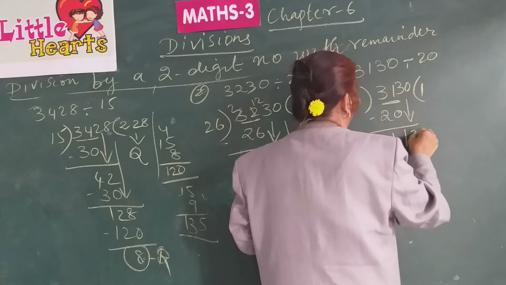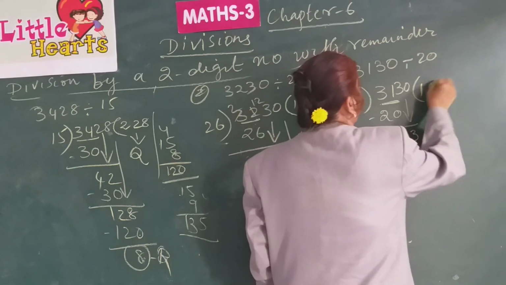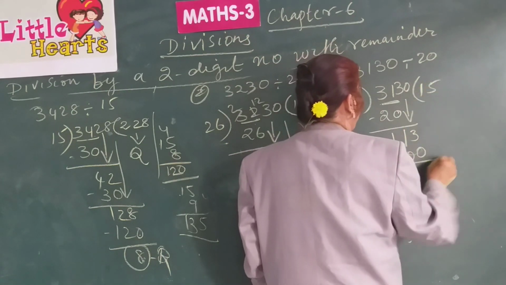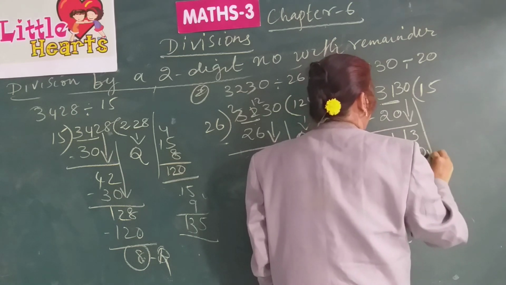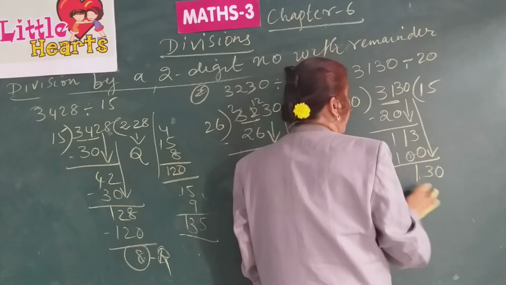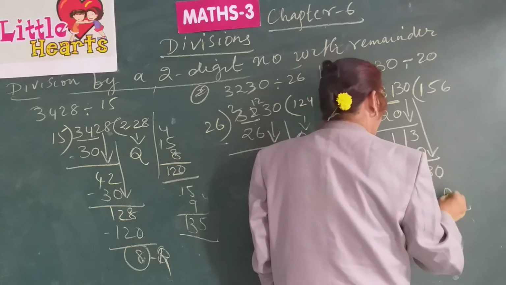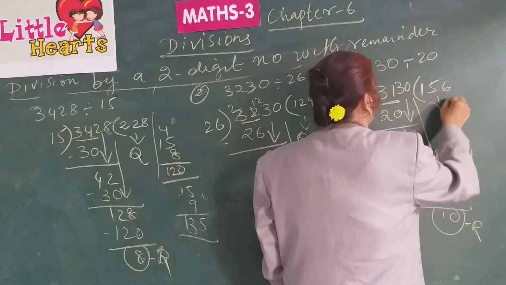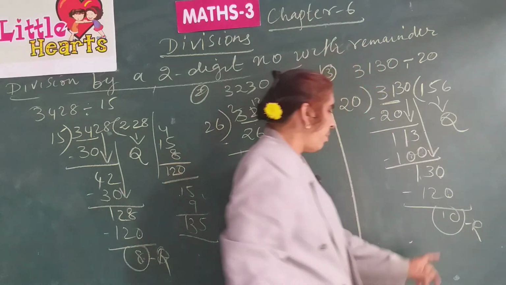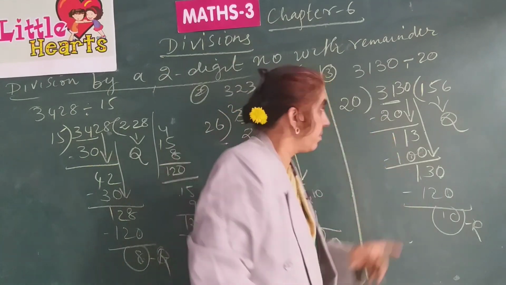Bring down 3. 25s are 100, 26 are 120. 25s are 100. 3 minus 0, 3, 1 minus 0, 1. Bring down 0. It is 130. 26 are 120. 0 minus 0, 3 minus 2, 1. 10 is the remainder, 156 is the quotient. Remember that remainder should always be less than the divisor.